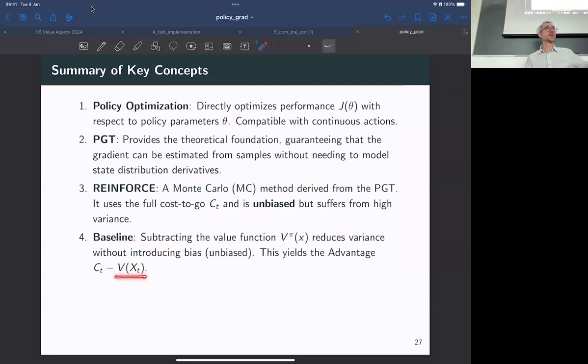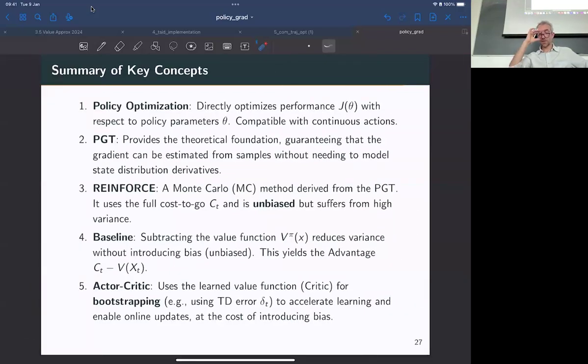A very valid choice for this baseline is the value function. So we can introduce a value function estimation inside our algorithm, and use it as a baseline inside the policy gradient estimate to reduce the variance and so make the learning more efficient.